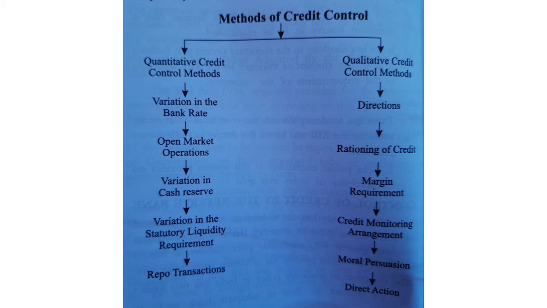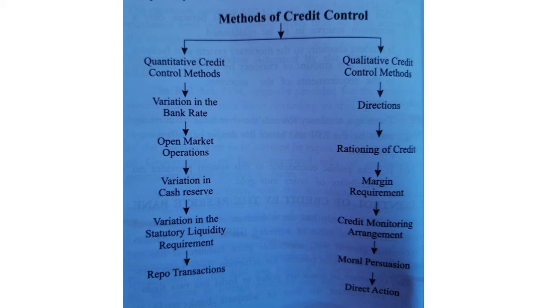For example, if it is 10%, then you will get a loan of 90,000 and 10%, that is 10,000, will be your margin requirement. Now this margin requirement is changed by the RBI to control the amount of credit given by the commercial banks.